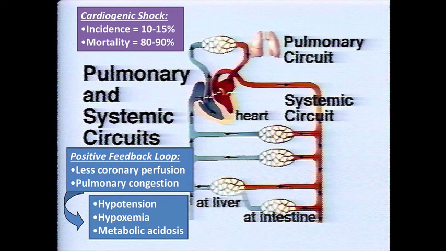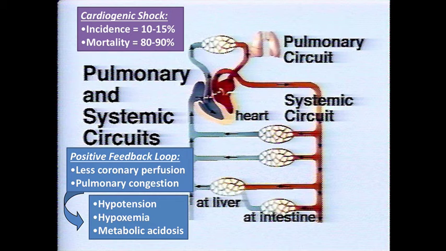So they're going to see less coronary perfusion because the blood's not coming out of the heart. And in that same vein, because the blood's not coming out of the heart, it's going to back up into the lungs. The blood pressure goes down, the blood's not being delivered effectively, and they're also not oxygenating their blood effectively or getting rid of their metabolic waste because their lungs are congested, and you can't diffuse gases across a whole bunch of fluid.